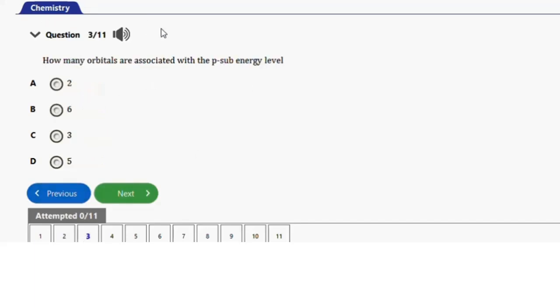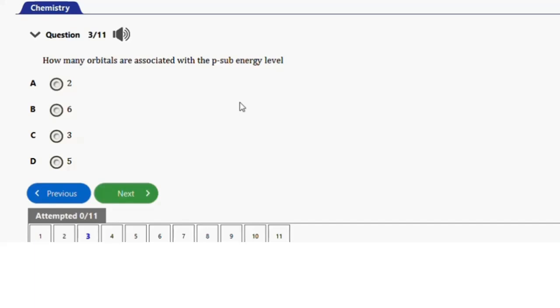The next repeated question will be this one. It says how many orbitals are associated with the p sub energy level? So the p sub energy level has 3 orbitals. Very important, guys. These 3 orbitals are filled up with 6 electrons, whereas the d sub energy level has 5 orbitals, which are filled up with 10 electrons.